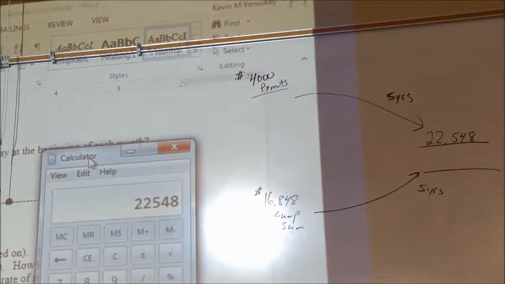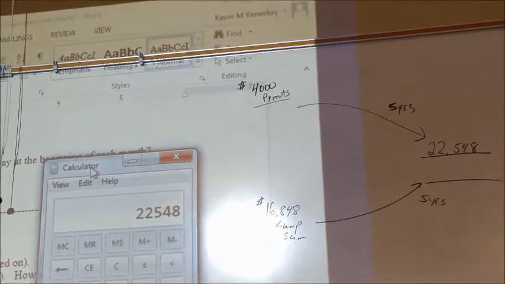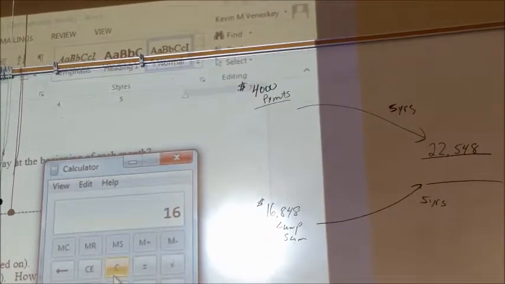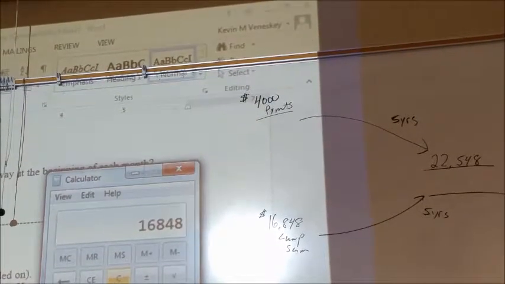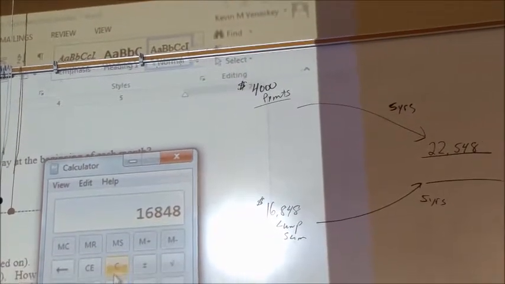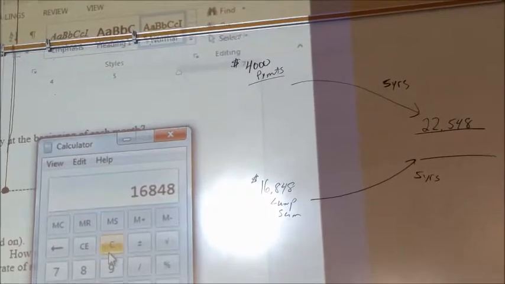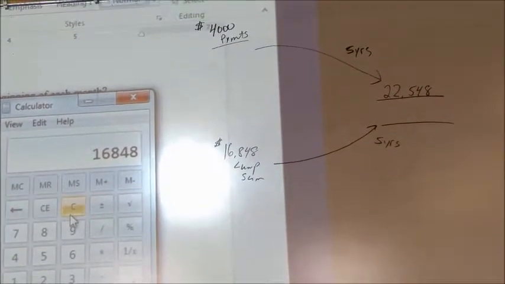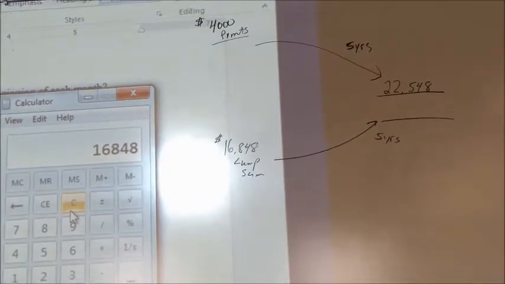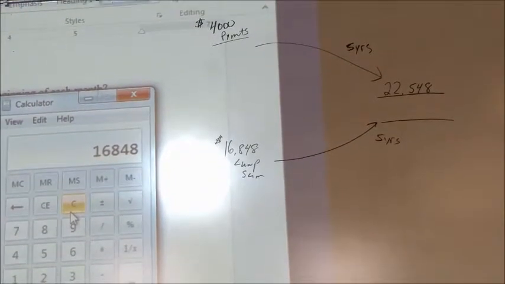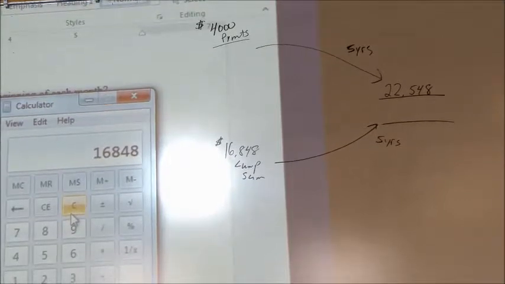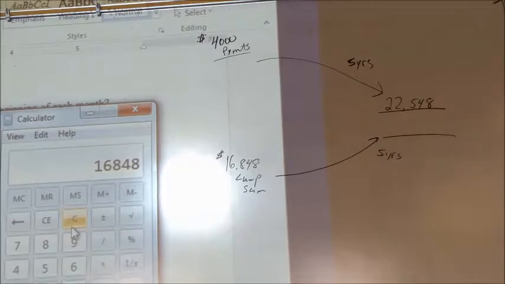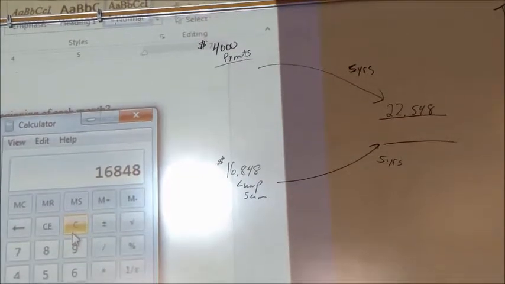If instead I took the $16,848, what chart am I going to use for the bottom part, the lump sum? I want to know what 16,000 is worth in 5 years. Future value of $1. Future value of $1, good. 5 periods at 6%.